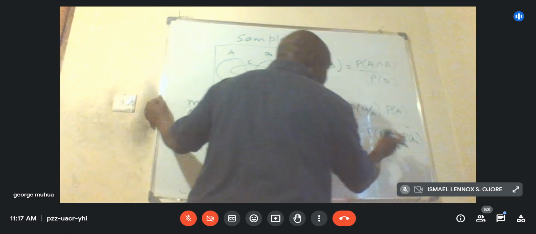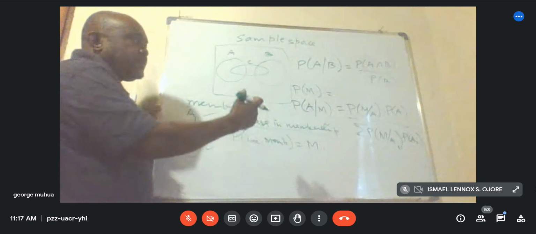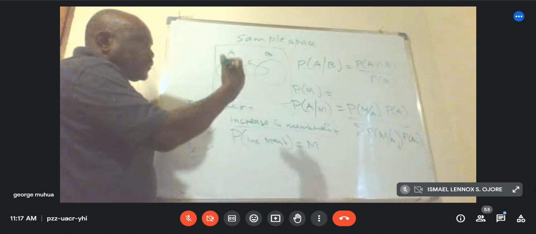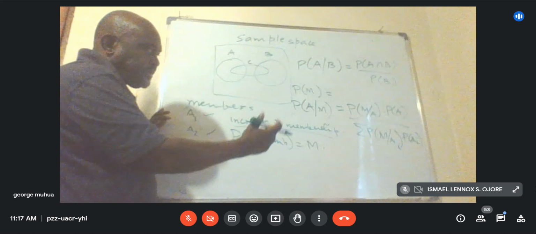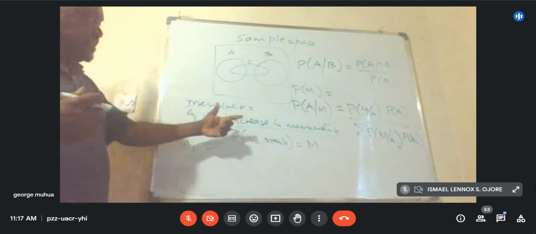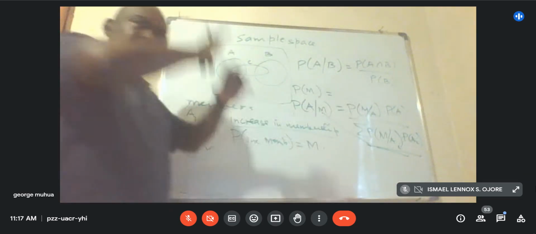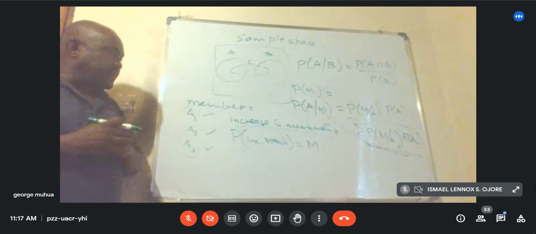But if it is A, B and C, I can just say the probability of M given A times the probability of A, plus the probability of M given B times the probability of B, and so on. So in essence, this denominator is the probability of M, the probability of that particular event occurring.